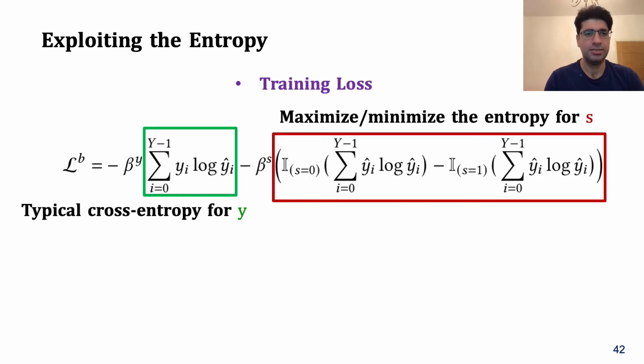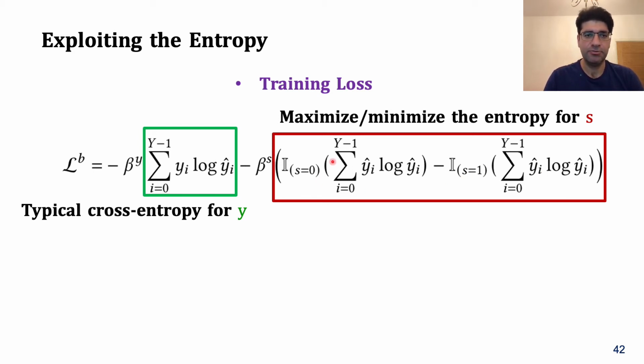To utilize the entropy for the sensitive attribute, we use this loss function. The first part in this loss function is a typical cross-entropy loss function for the target attribute, and the second part is a loss function for encoding the sensitive attribute into the entropy of the output.